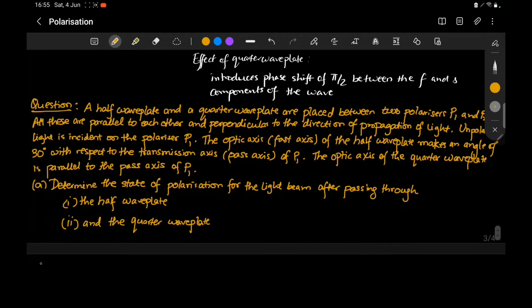The second part is, what should the orientation of the pass axis of P2 be?